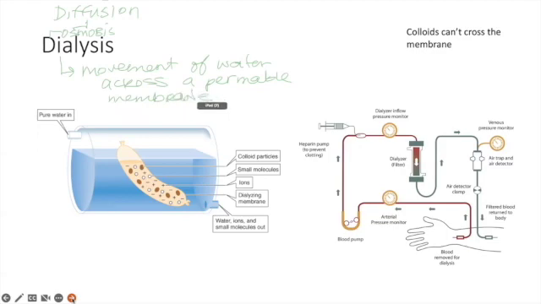It means that the membrane will allow some things to pass through, but not all. It's got little tiny pores, and those pores basically allow things in and out based off of size.